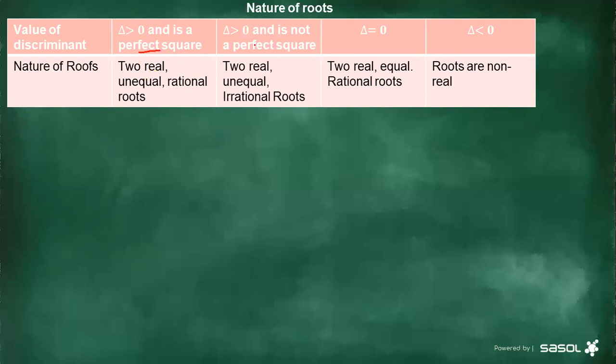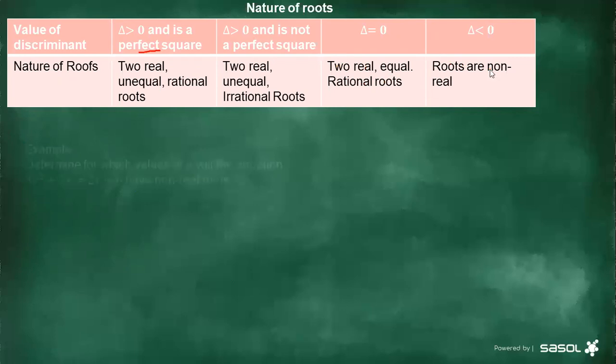Those are perfect squares, and they are still greater than 0. We also have numbers which are greater than 0, but they are non-perfect squares, such as 2, 3, 5, 7. You see. And then when delta equals 0, what is happening is real, equal, rational roots. And then when delta is less than 0, its roots are non-real.